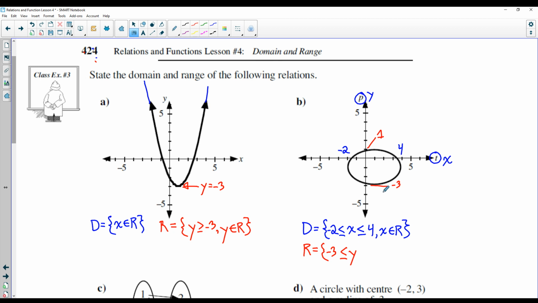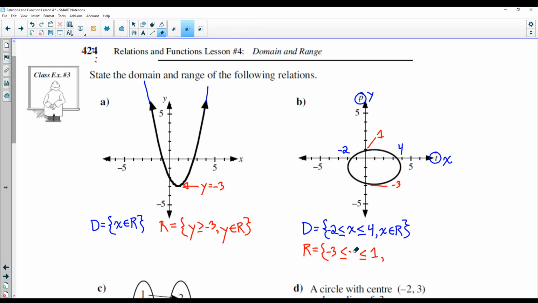and it must be less than or equal to, what's the biggest y value you can have? +1. Oh, I need to use the correct variables. So let's fix this right now.